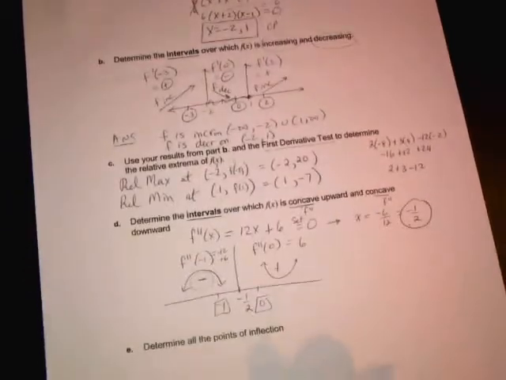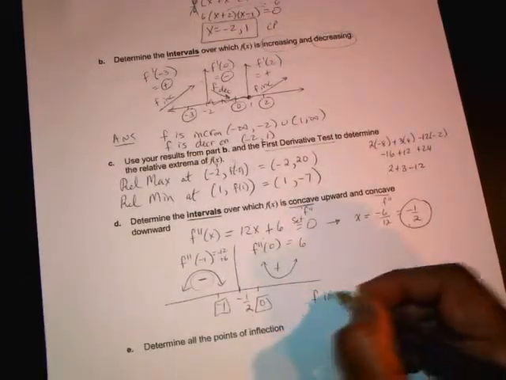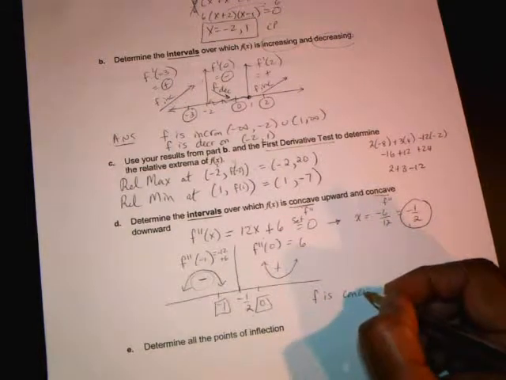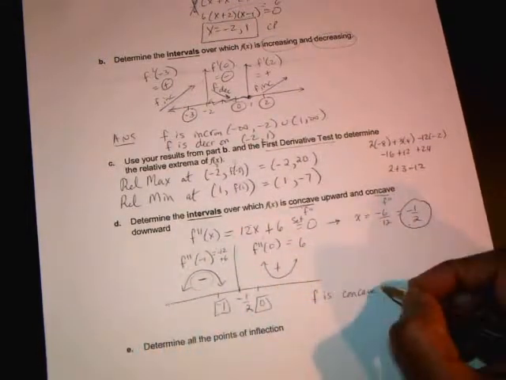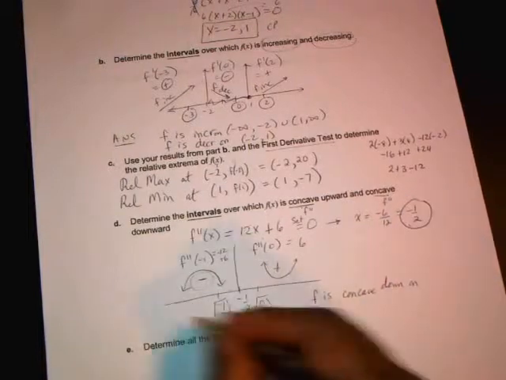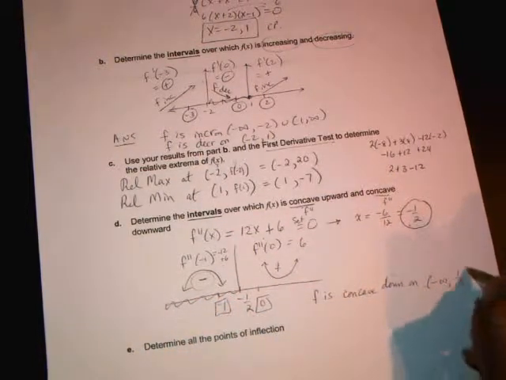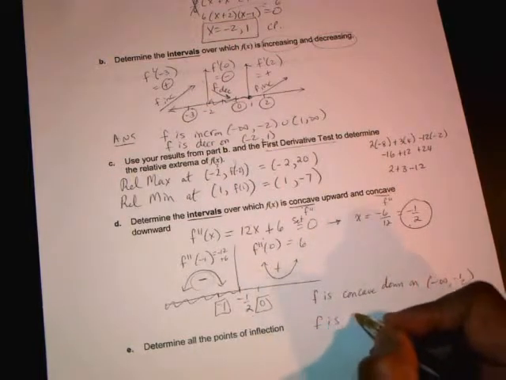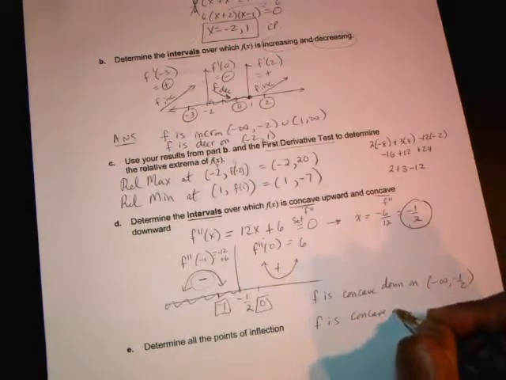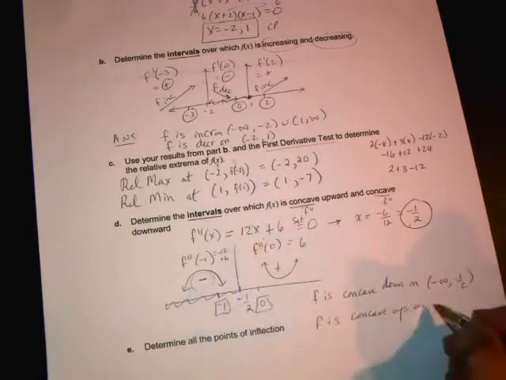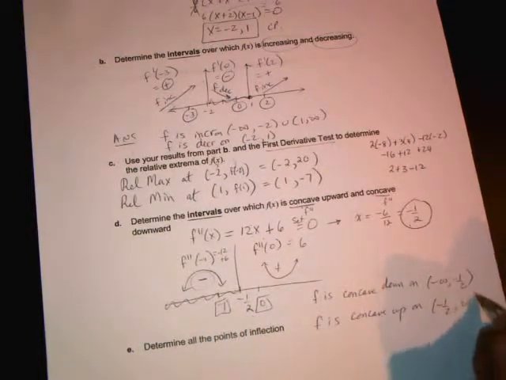The way we leave our answer is we say f is concave down on the interval from negative infinity to negative half, and f is concave upward on the interval from negative half to infinity.